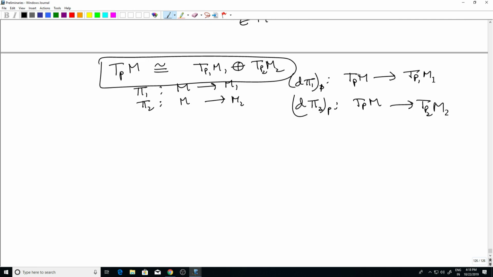So I'll define a map alpha from T_P M to T_P1 M1 direct sum T_P2 M2 as follows.